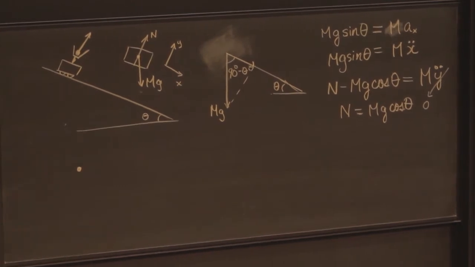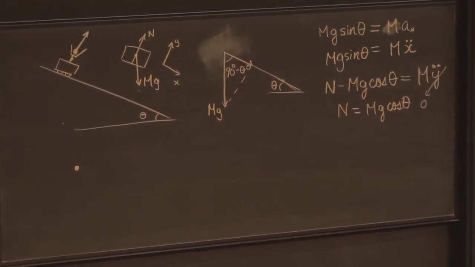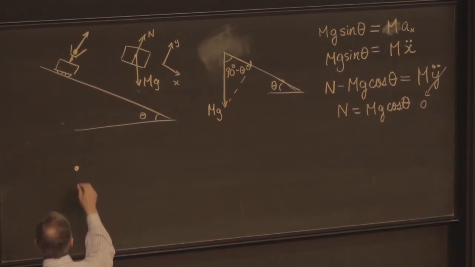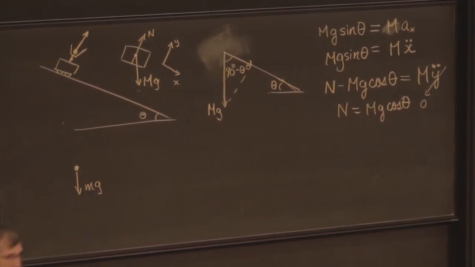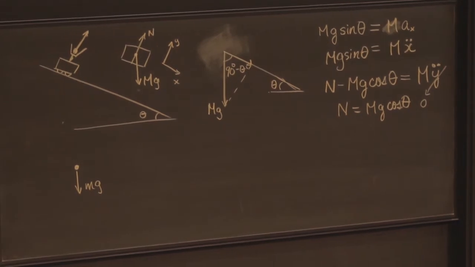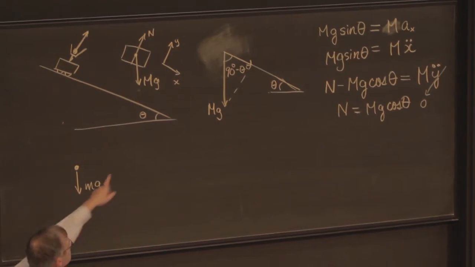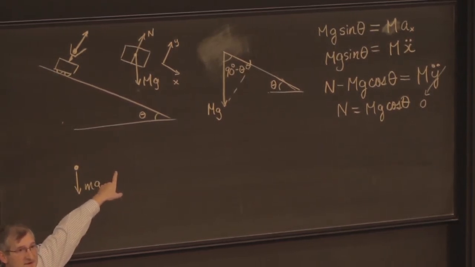And what are the forces on the ball? After it leaves the cup, just gravity. Anything else? None. Okay, so now I want to use the same coordinate system that I used up there.